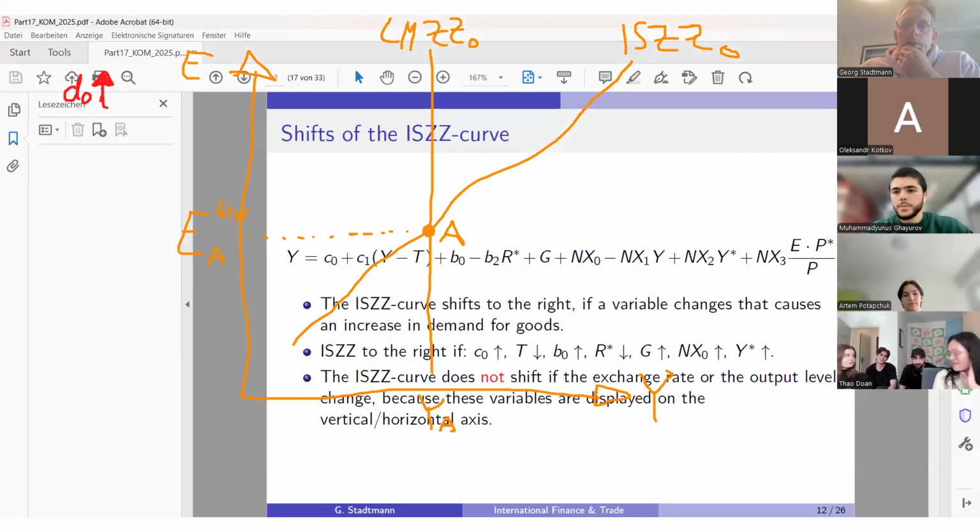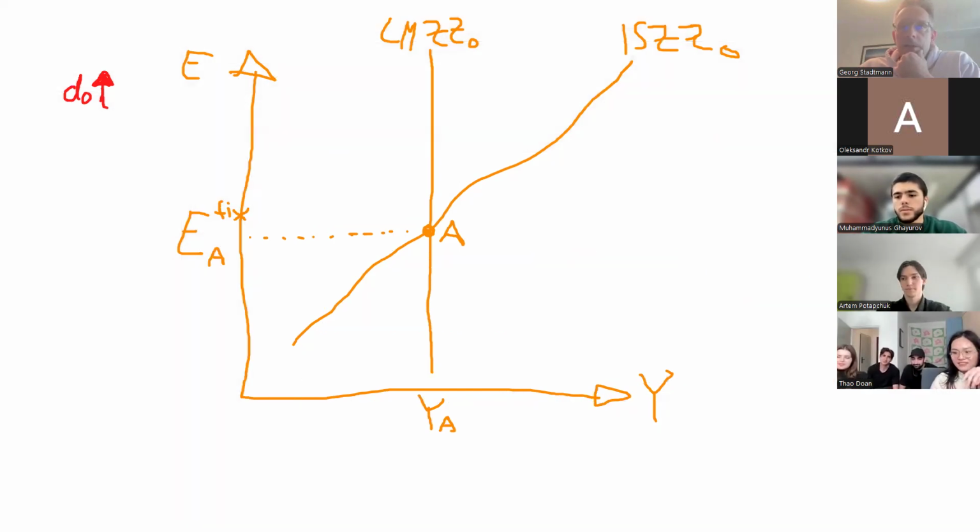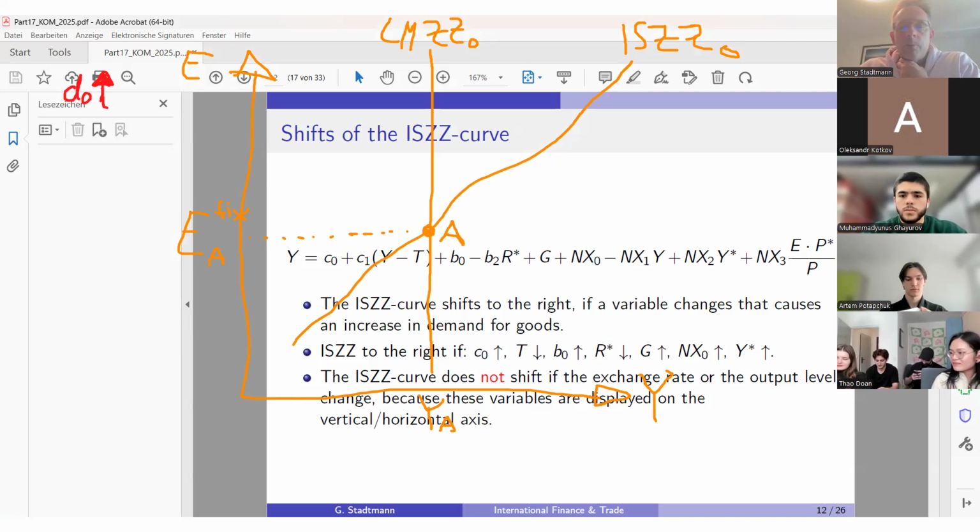So I think we have to go to chapter 17 now, KOM18. There we have slide number 12, which talks about the shifts of the ISZZ curve. Can you see a D0 in this relationship here? No, there is no D0. And therefore, the ISZZ curve does not shift.